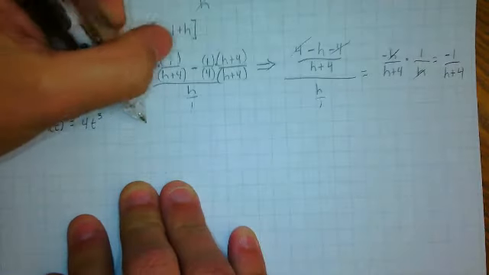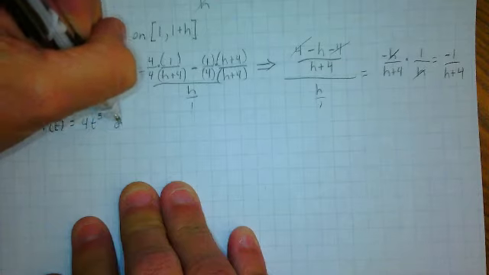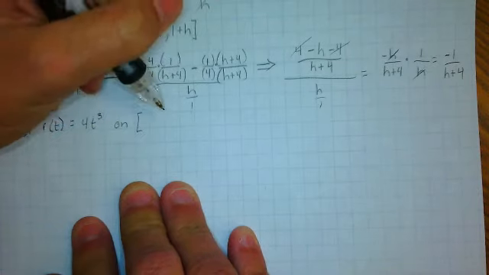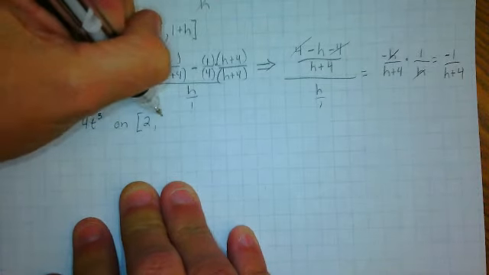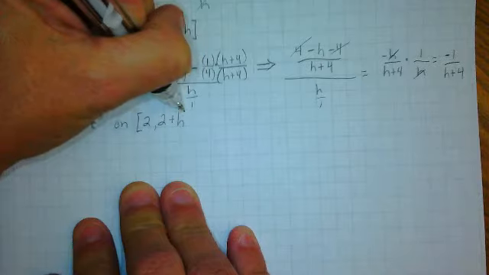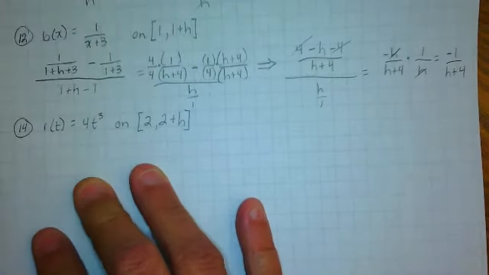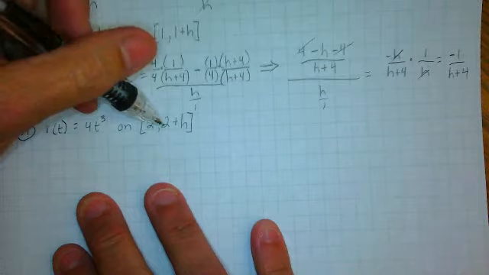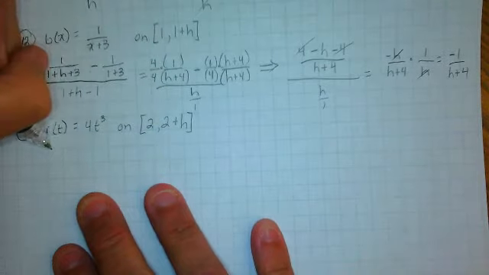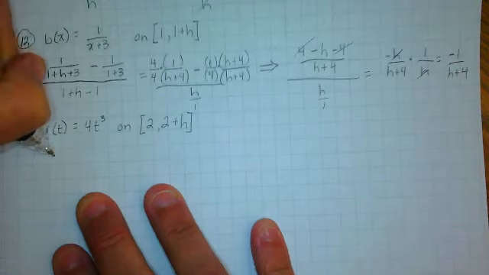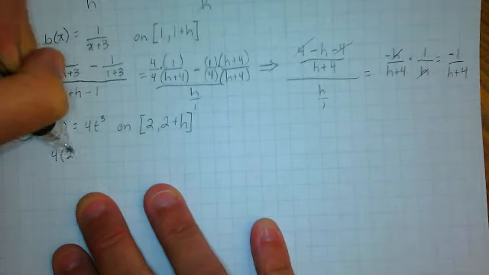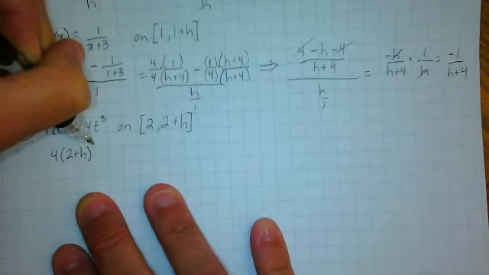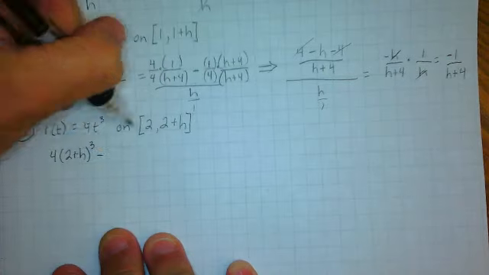R of t equals 4t cubed. Ooh, love cubing numbers. Oh, I really don't like cubing numbers. This is not going to be the most fun. Well, I'm going to like it, but I don't know if you guys are going to like this. 2 and 2 plus h. Okay, so we're putting a 2 plus h into the function.